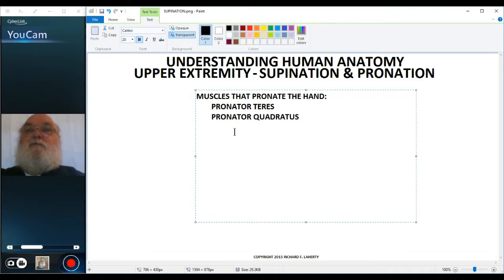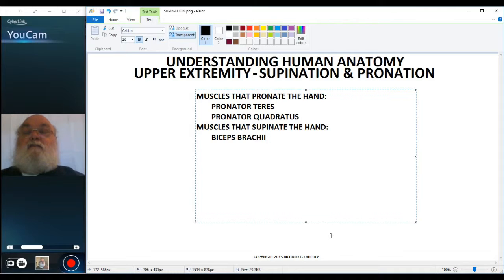Now, the muscles that supinate the hand. The primary muscle that supinates the hand might surprise you, because it's a muscle of the anterior compartment of the arm, the biceps brachii.